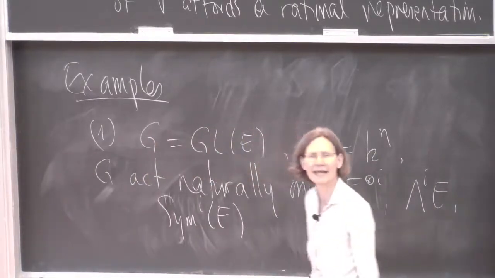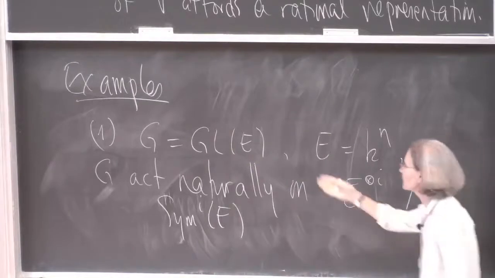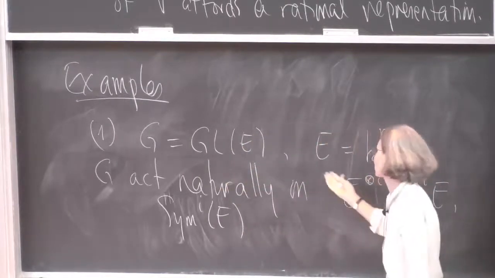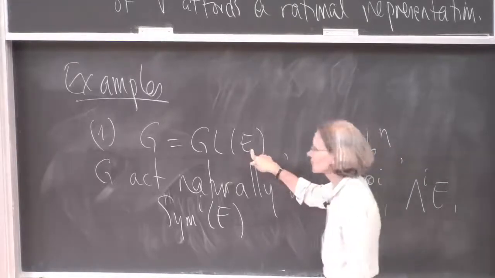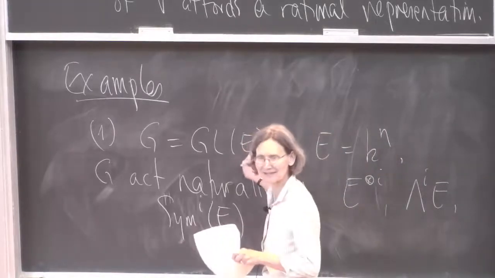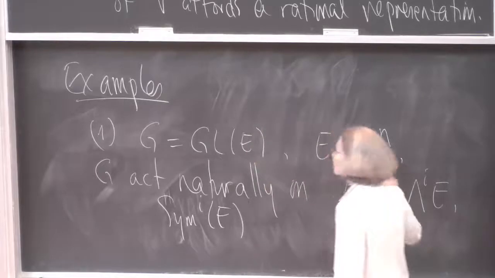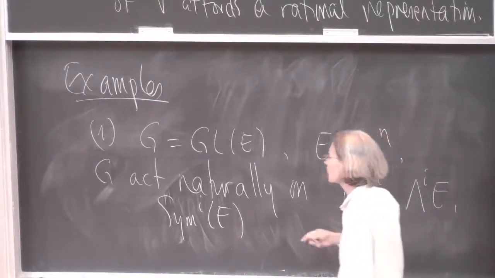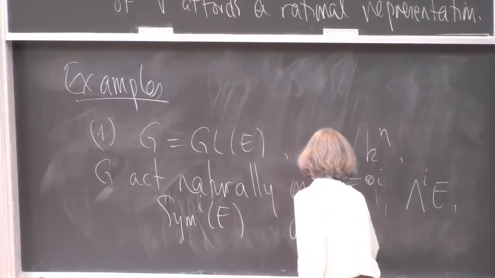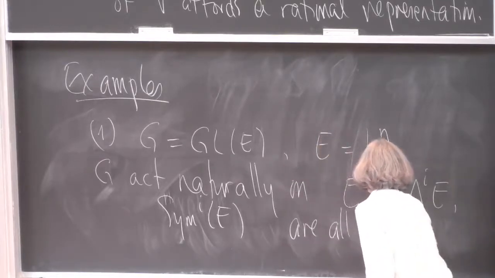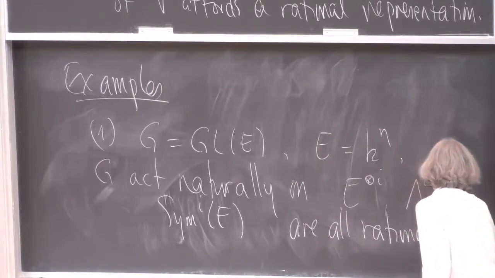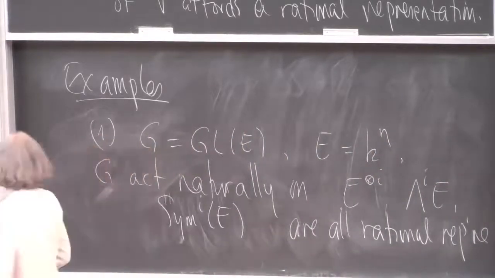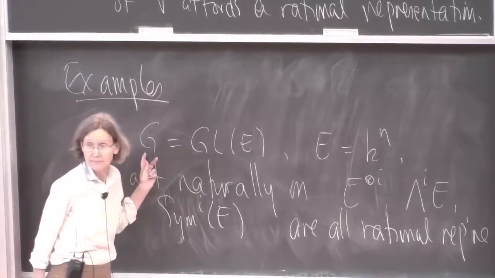All very natural representations that are associated with the group GL, and those are all rational. It's pretty clear they're all rational. You start with something where the coordinates are really the coordinates in the matrix group, and then you do something to those. That's a very polynomial behavior. So those are all rational representations. And in fact, since our G, an arbitrary G, is going to be a closed subgroup of this, right?